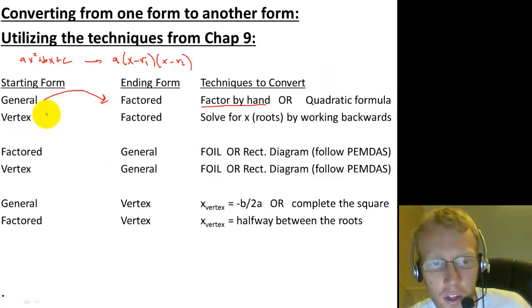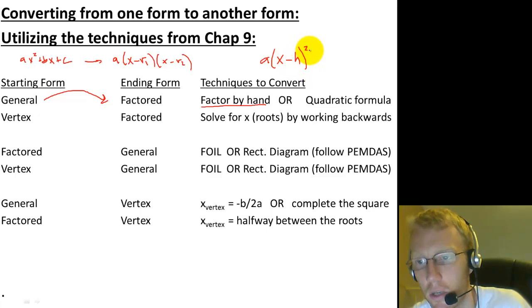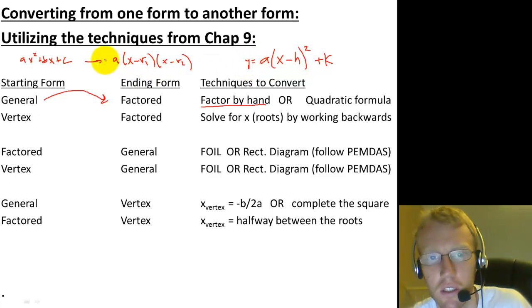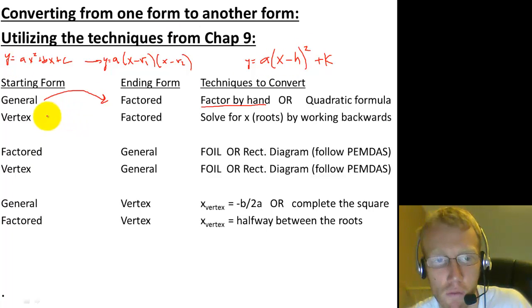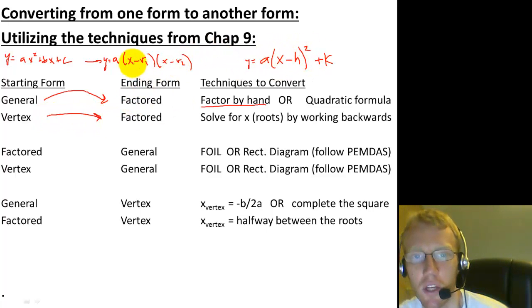Another option is to go from vertex form to factored form. If you remember, vertex form was y equals a times x minus h quantity squared plus k. Let me put my y equals in front of each of these so they're equations instead of expressions. To go from vertex into factored, there was no way to just convert the formula, but we knew that at the roots y has a value of 0.